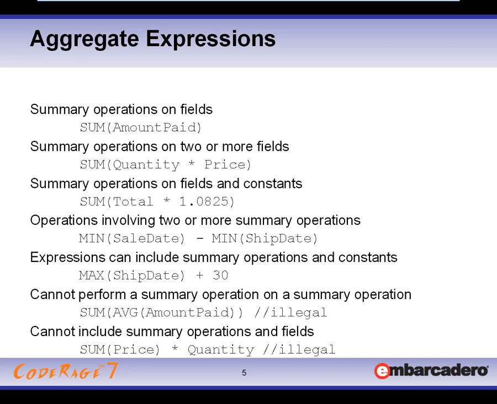Usually we're talking about one or more records that the summary operation is performed across. It doesn't make sense to say take these 5 records and summarize their price, get us a total of the price, and then multiply it by a field. Well, if it was 5 records that was required to summarize the price, which of the 5 records' quantity are you going to use? I'm assuming here the quantity is a field in my database. So that's not a legal operation. You're not going to be able to perform that task.